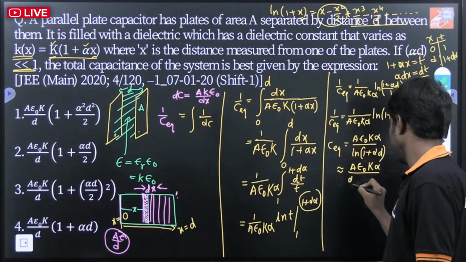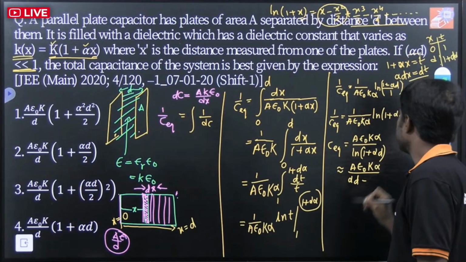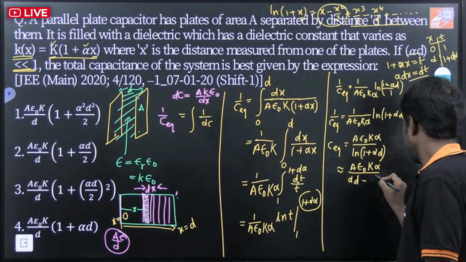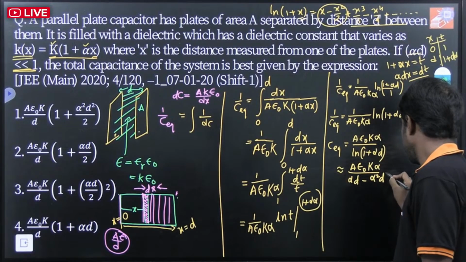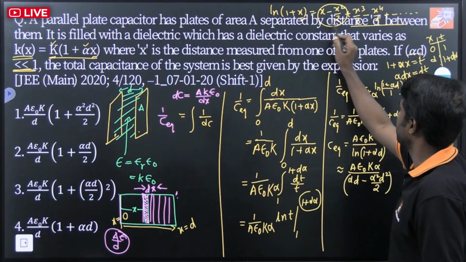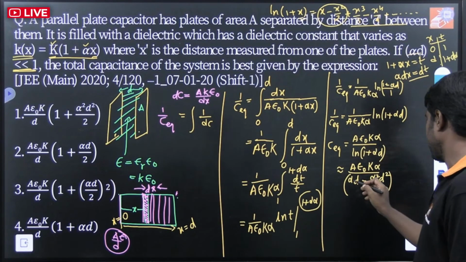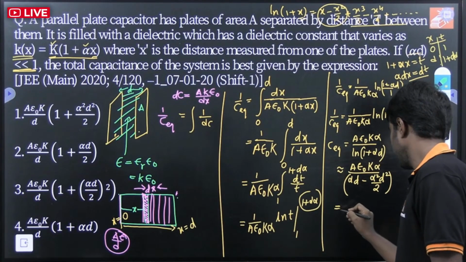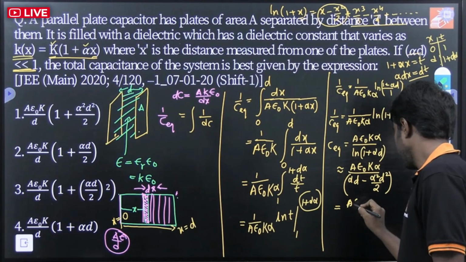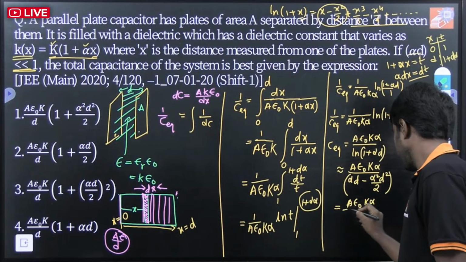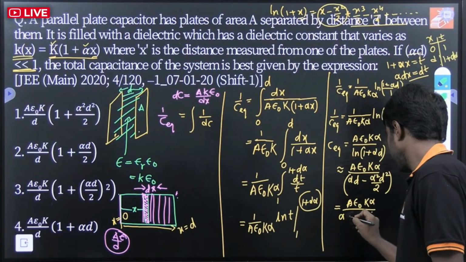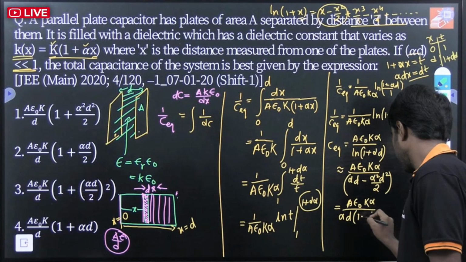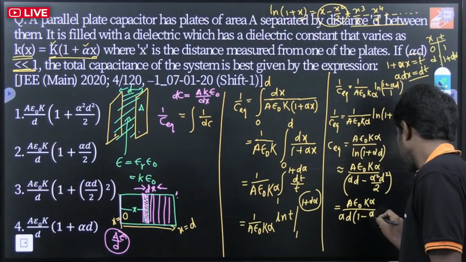So alpha d minus alpha square d square by 2. We have used these two terms with x equal to alpha d. From there we take alpha d common: A epsilon naught K alpha by alpha d into (1 minus alpha d by 2).